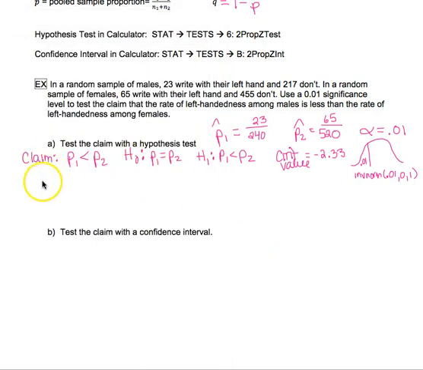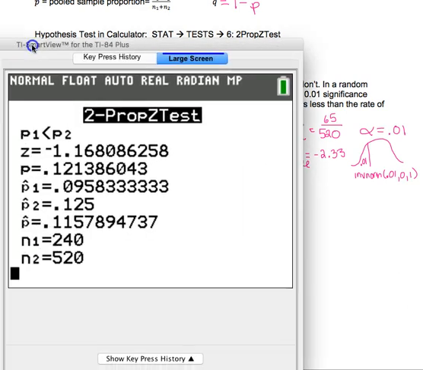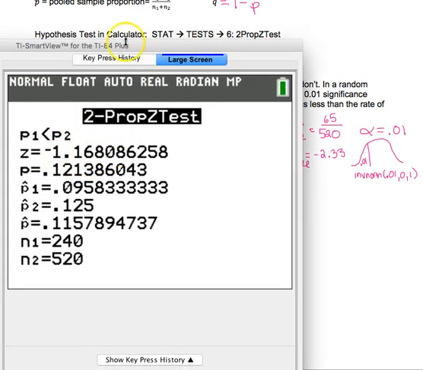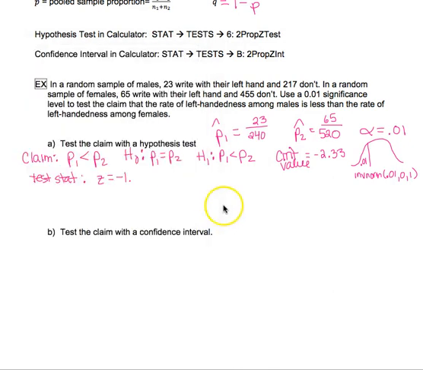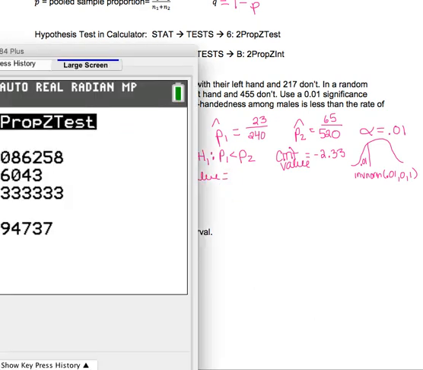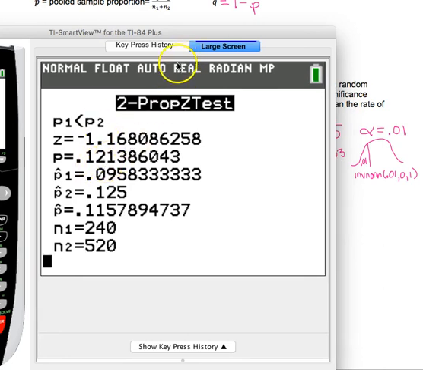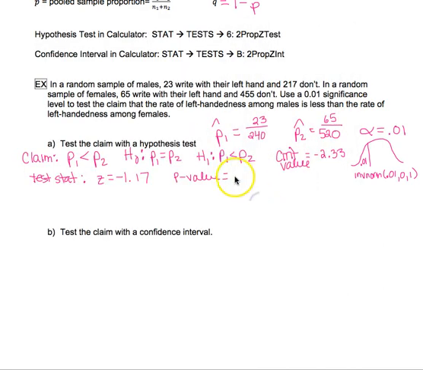So I'm going to write down my test statistic, which was z equals negative 1.17. My p-value, in this case, to 3 significant digits is 0.121.